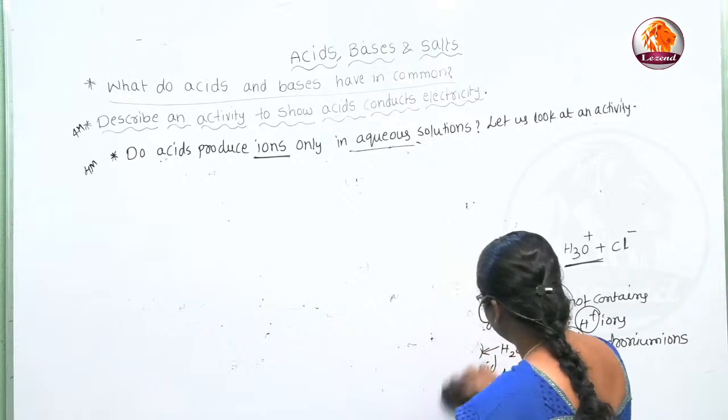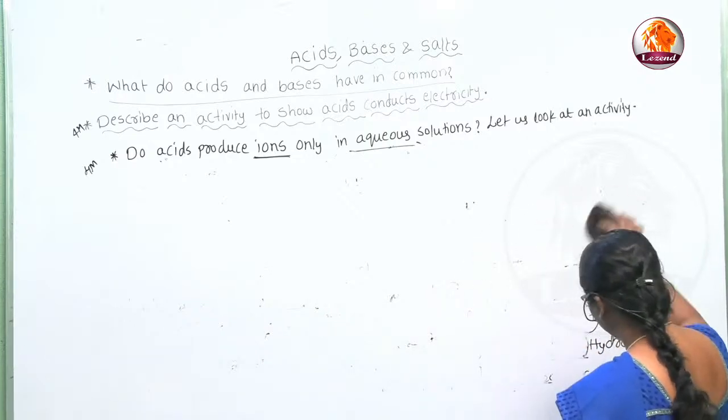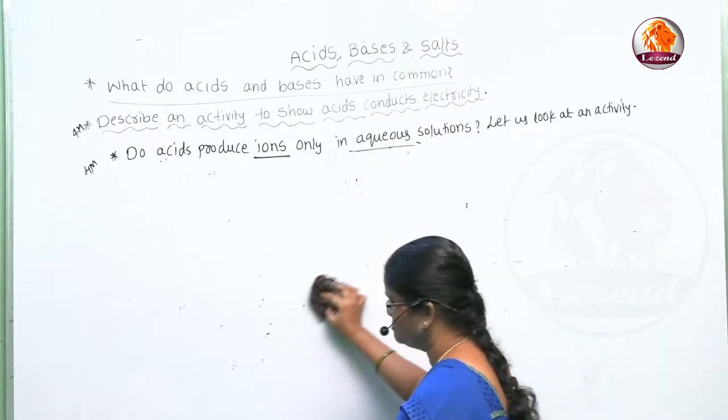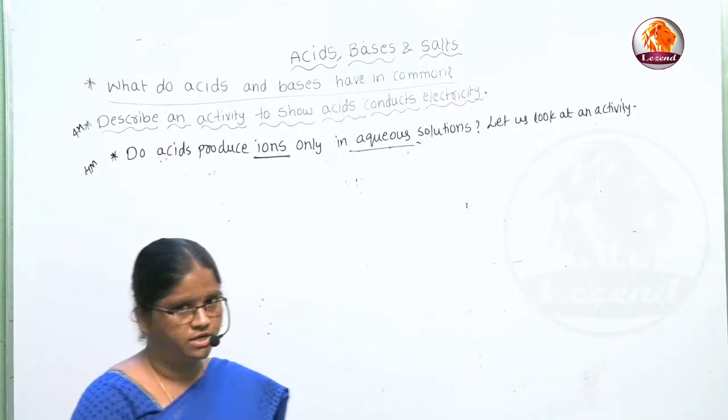Just now we have seen that acids, when they dissolve in water, produce ions and contain hydronium ions. Each H plus ion is attached to 4 to 6 water molecules.